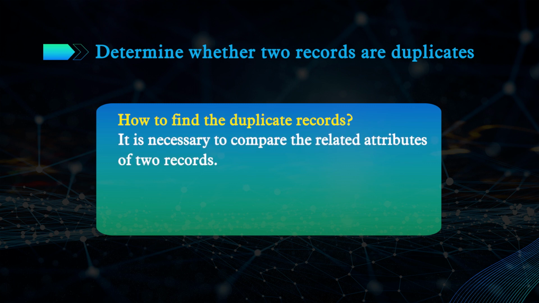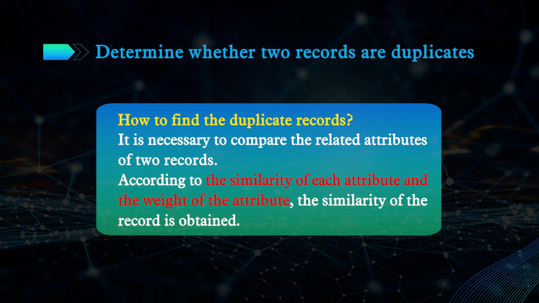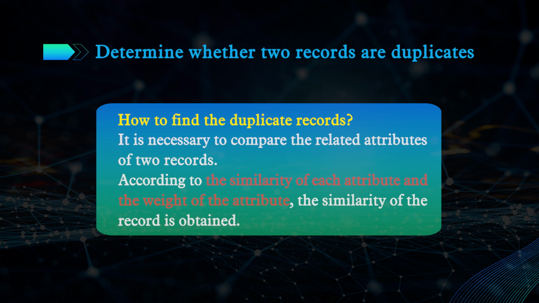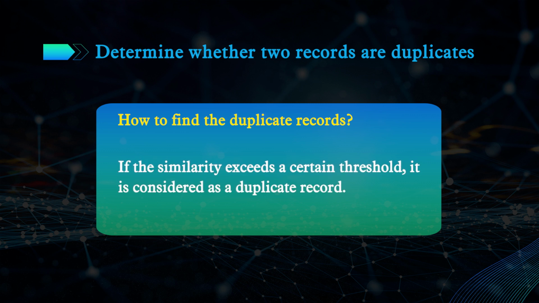First, it is necessary to compare the related attributes of two records. According to the similarity of each attribute and the weight of the attributes, the similarity of the record is obtained. Then, if the similarity value exceeds a certain threshold, it is considered a duplicate record.